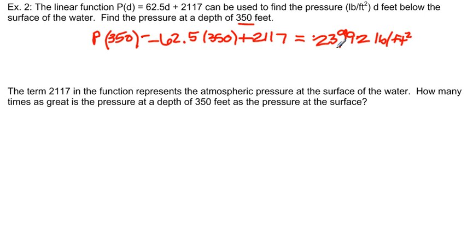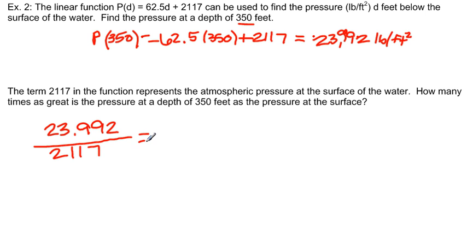Now the term 2,117 in the function represents the atmospheric pressure at the surface of the water. How many times as great is the pressure at a depth of 350 feet as the pressure at the surface? Well, to figure that out, we need to divide our answer, 23,992, by the pressure at the surface, 2,117.